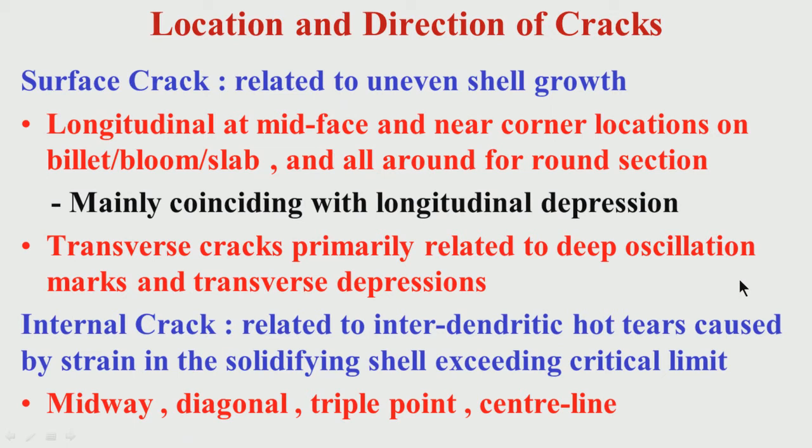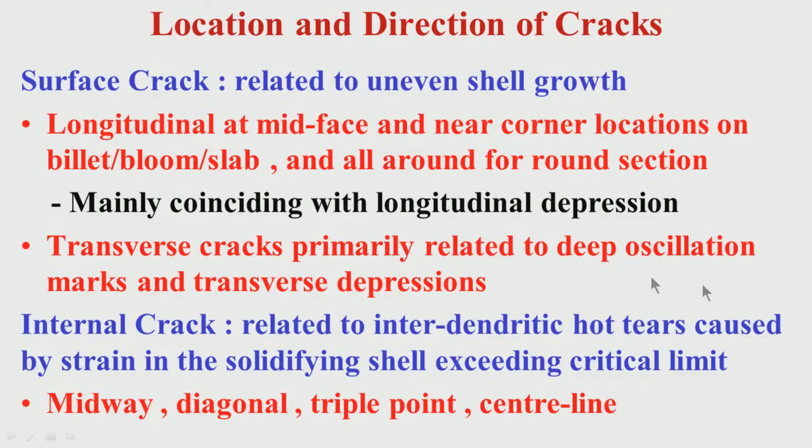During reheating there is a formation of scale, and so for very shallow surface defects, whether depression or crack, if this is really shallow, not very deep, they will go along with the scale. But if you have a deep oscillation mark, a deep crack, or a deep depression, whether transverse or longitudinal, they will not go along with the scale. So, during rolling also they will remain and they will generate a lot of defects.